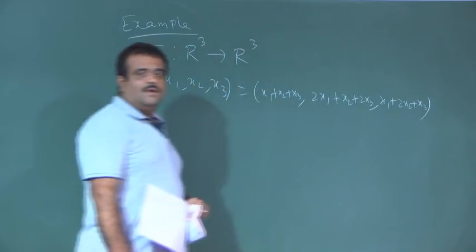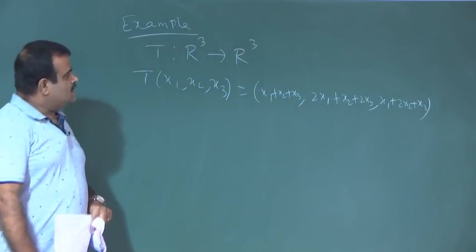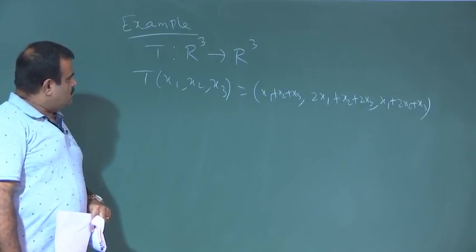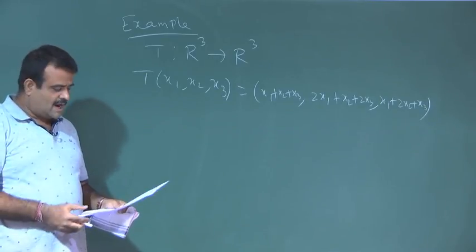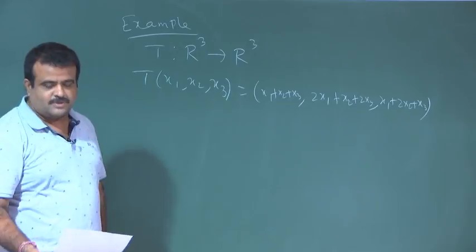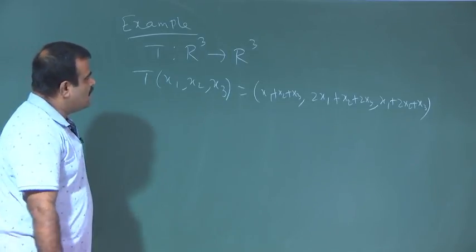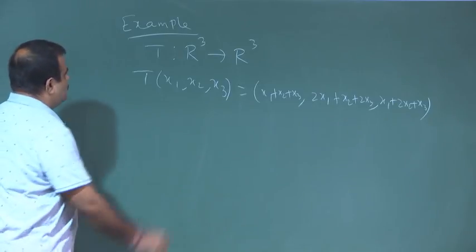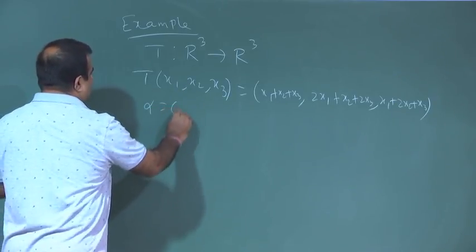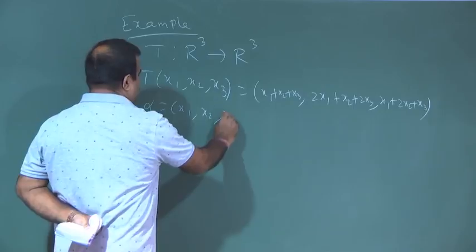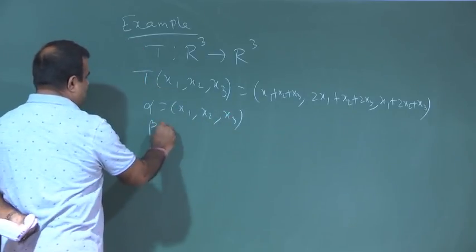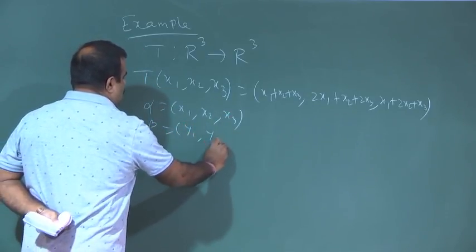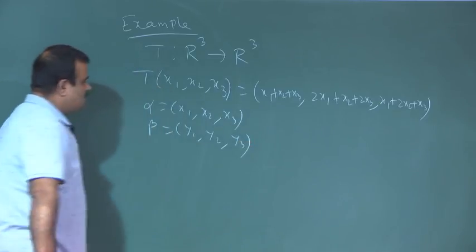Okay. If we have this transformation, then we are going to show that this is a linear transformation from R 3 to R 3. To show this we have to take two vectors alpha, beta from here. We take alpha as x 1, x 2, x 3 and beta as y 1, y 2, y 3. So, basically what do we need to show?